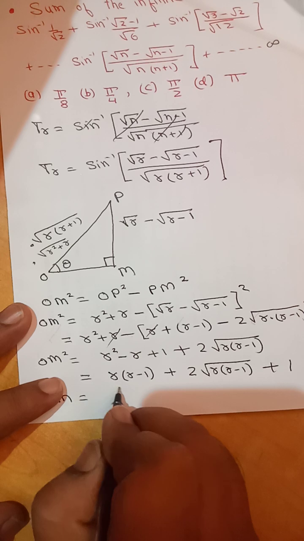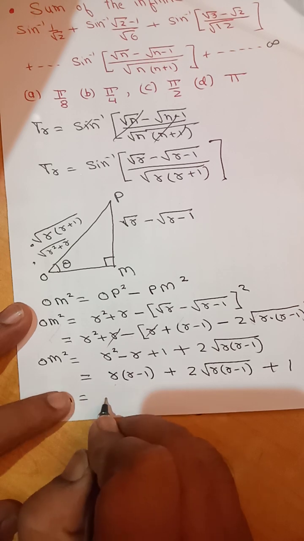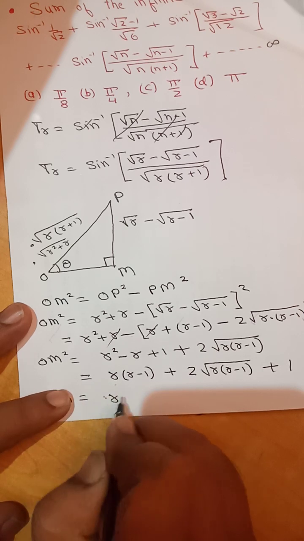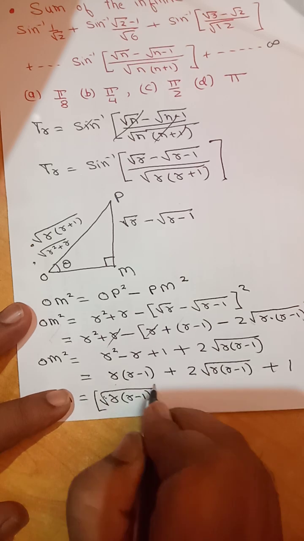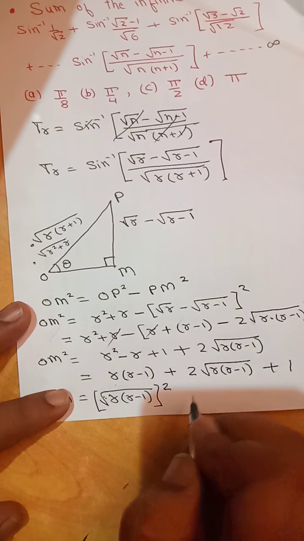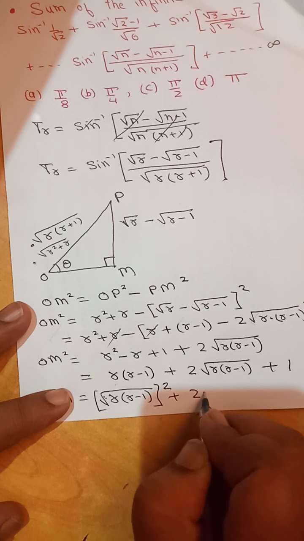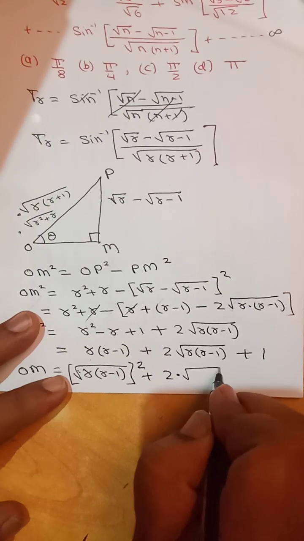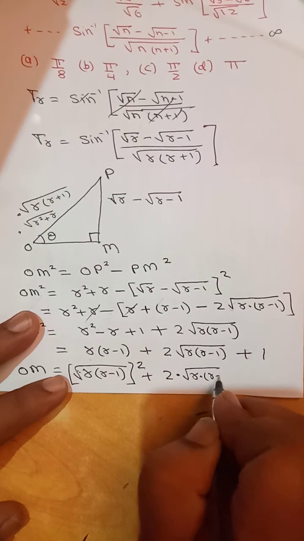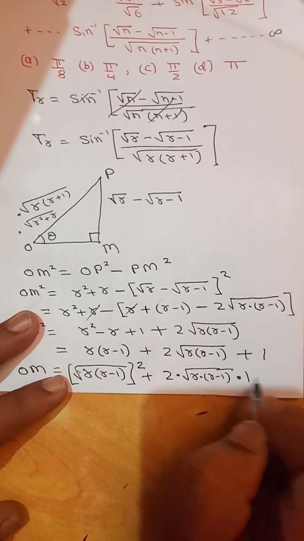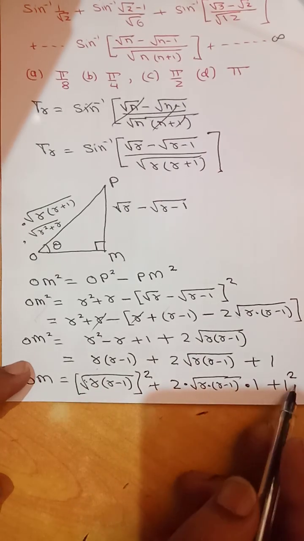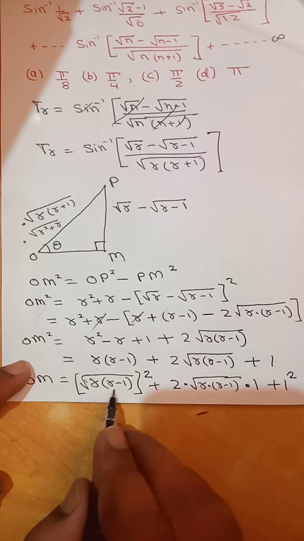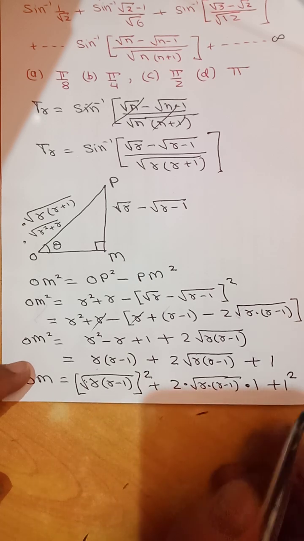With a slight adjustment, I can write the first term as root of R into R minus 1 whole square, plus the middle term 2 into root of R into R minus 1 into 1, plus 1 square. It is in the form of A square plus 2AB plus B square. I will continue on the next page.